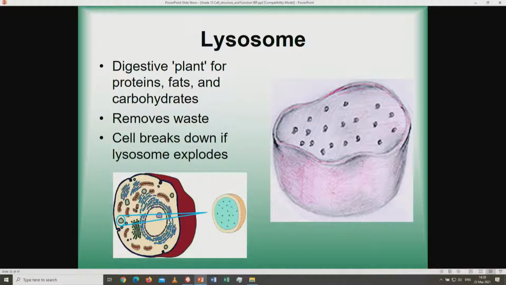Cells break down if the lysosome explodes. So if there's too much, it just breaks down, and then your cell is old and expired. The lysosome is formed by the Golgi body, which is very interesting, and it contains powerful digestive enzymes, really to get rid of all the unnecessary waste. It also helps with digestion, as I said, and so this is like your wastage box, if I can say that.